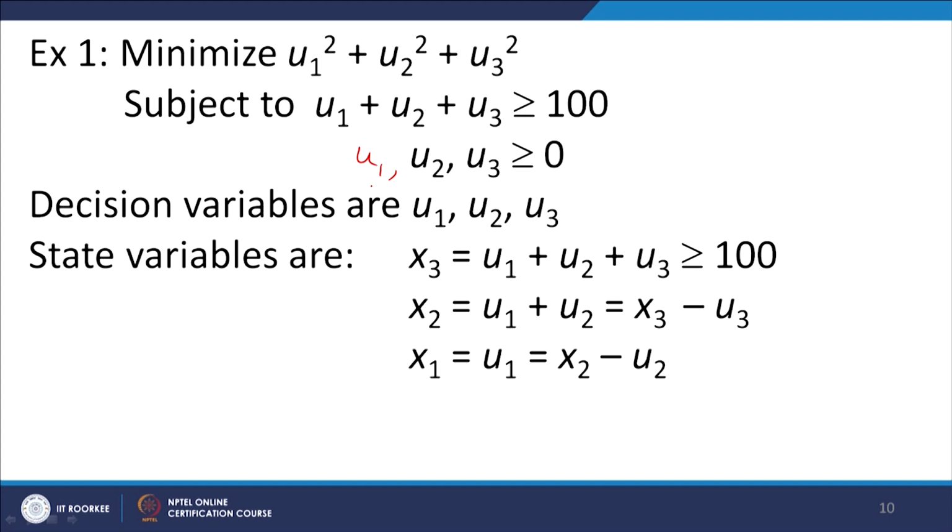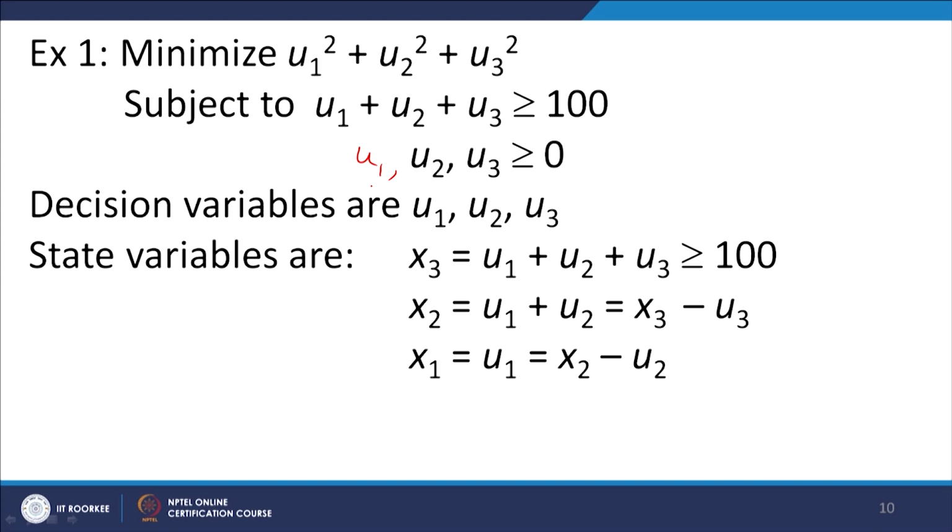So, we will define the decision variables, which are u1, u2, u3. We will define the state variable x3 as u1 plus u2 plus u3. This is the first state variable x3, and this condition is already given that it is greater than or equal to 100.